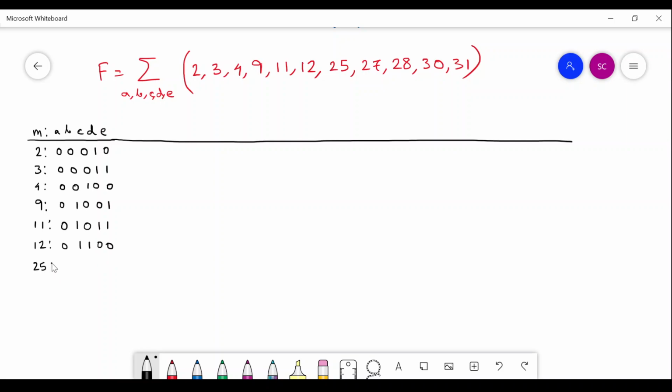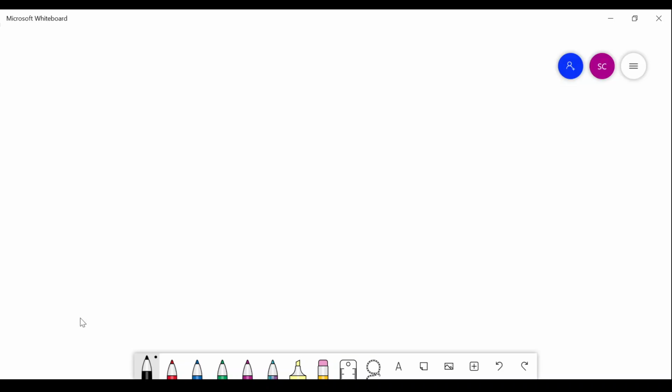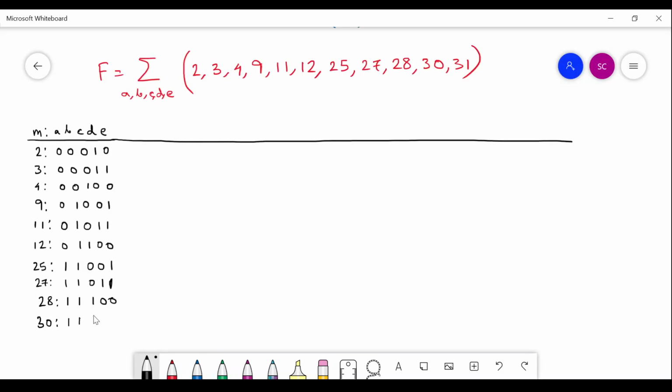Then 25 would be 16, 8 and 1. 16 plus 8 is 24, plus 1 is 25. What would be 27? 16 plus 8, 24 and 3. Then 28 is 16, 24, 28. 30 is 16 plus 8, 24 plus 4, 28, plus 2 is 30. 31 is all ones.